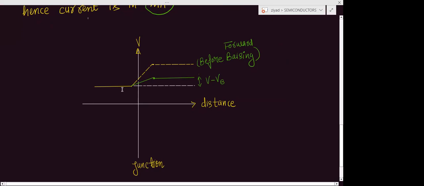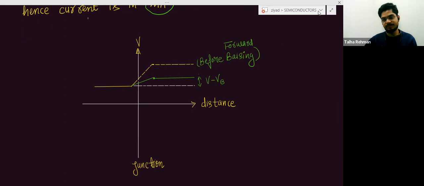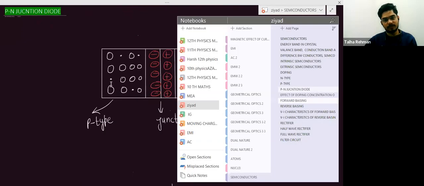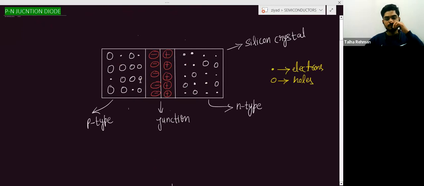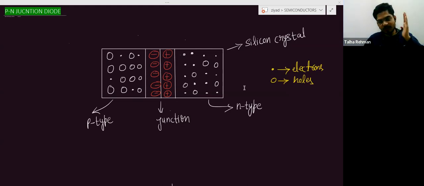When you move from here to here, the potential difference will be almost the same. When you are just crossing the junction, you are moving from negative potential to positive potential, so the potential difference will increase. And after that, the potential difference again becomes constant when you move to this side.